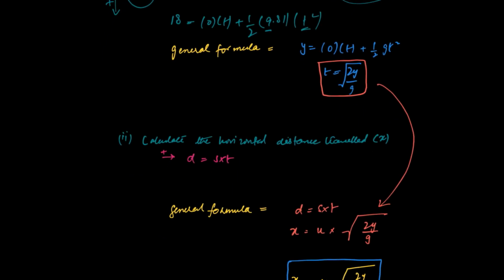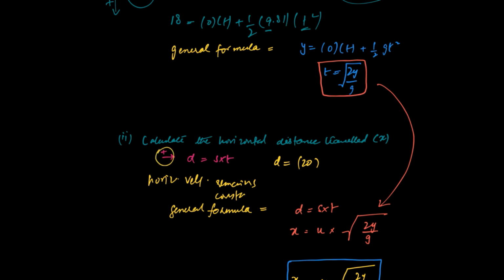Alright, so the next question says to calculate the horizontal distance. So we already know that horizontal velocity remains constant. And keeping this in mind, we can use the formula distance equals speed times time, where distance is to be found and speed is known to be 20 meters per second because initially it was directed horizontally.